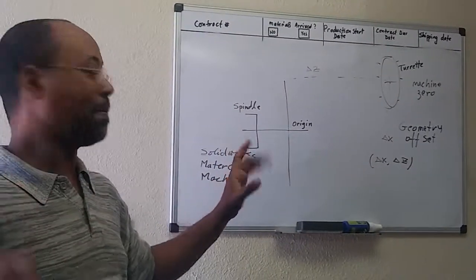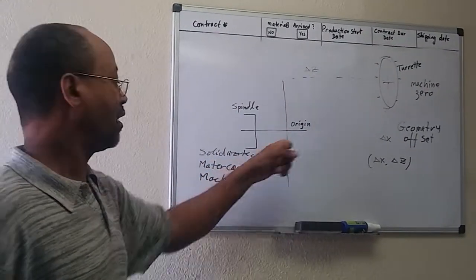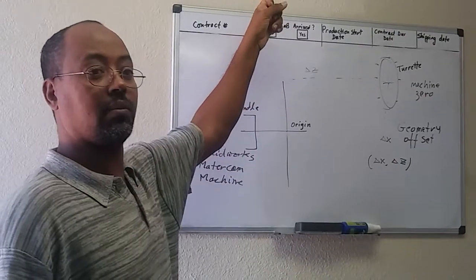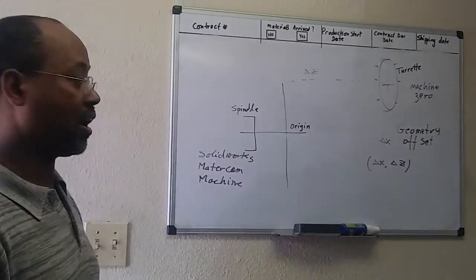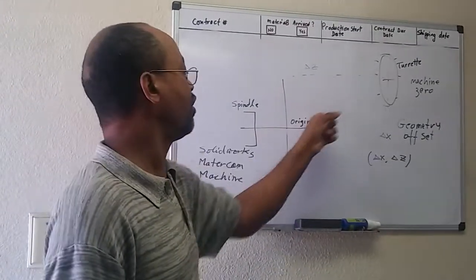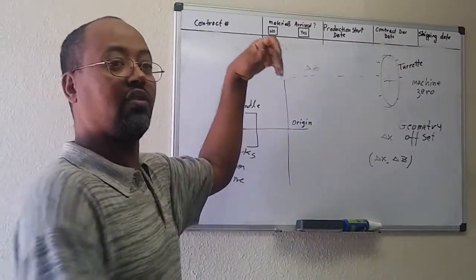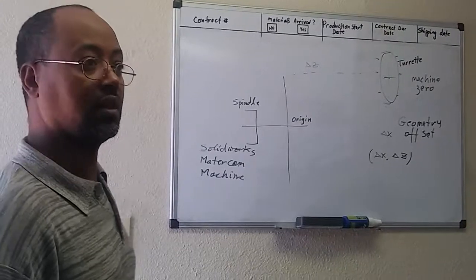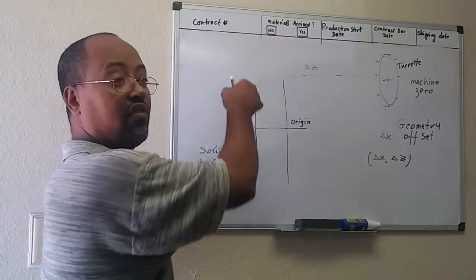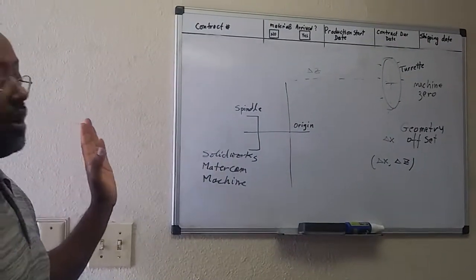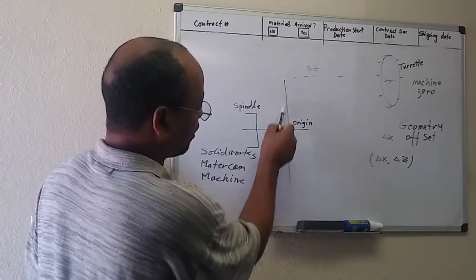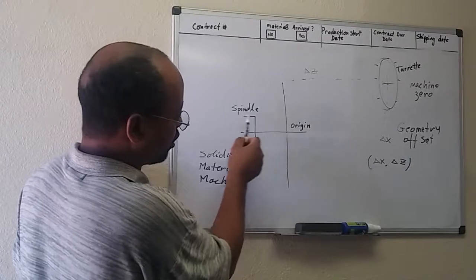Now the program, which is Mastercam, goes from the origin and up, and all those X values and Z values within the program will help the tip to move in whatever direction, usually the upper half, as well as on the negative Z, because my part starts right here and goes this way.